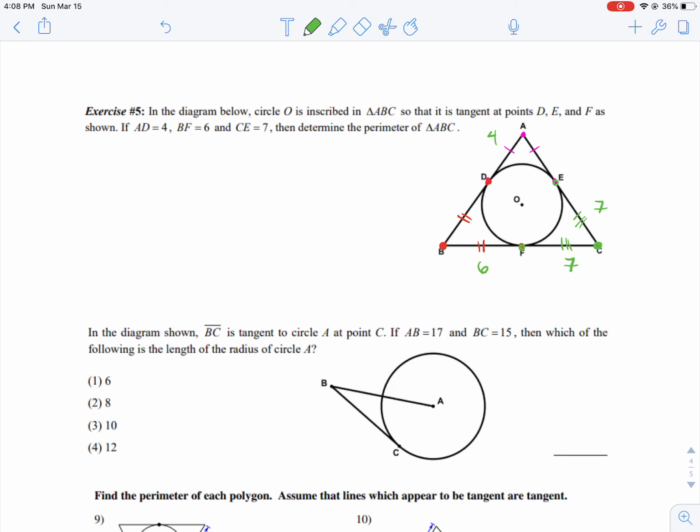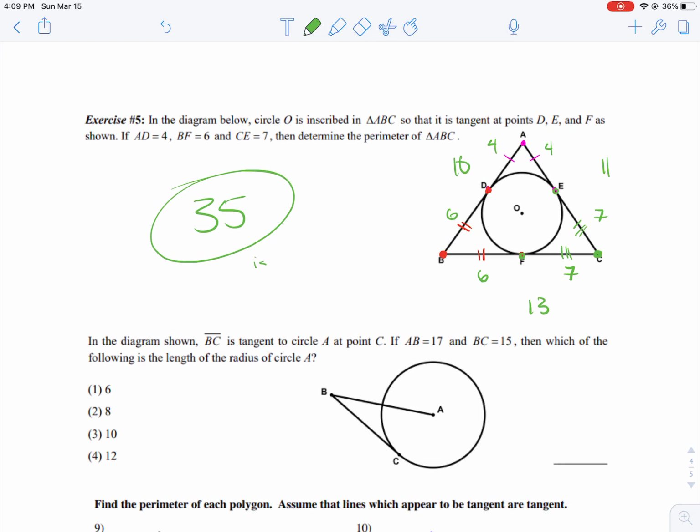So that means if this is 7, that's 7. If that is 6, that is 6. If that is 4, that is 4. So now what we have to do here, guys, is add it up. So 11, 10, 13. So 10 plus 13 is 23, plus 11 is 35. This is the perimeter.